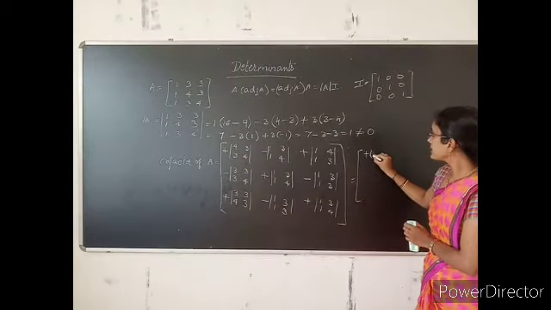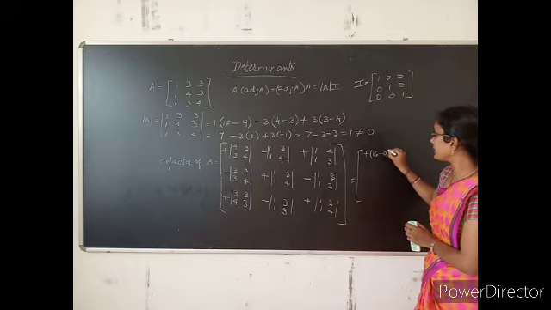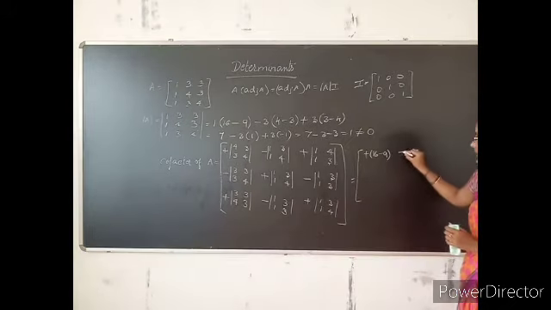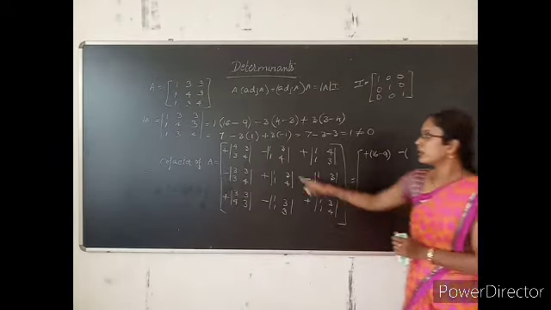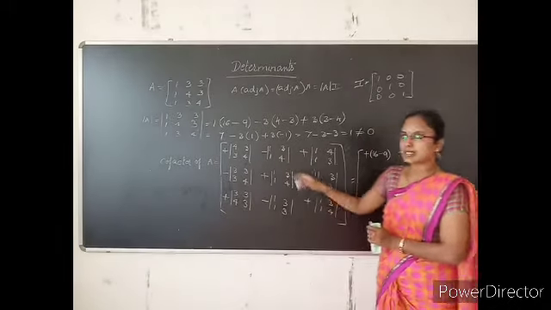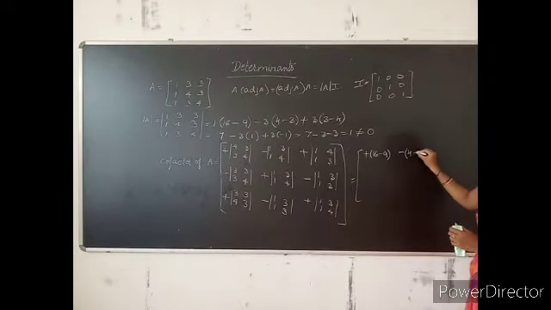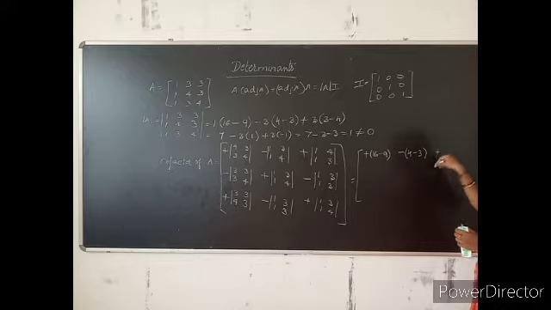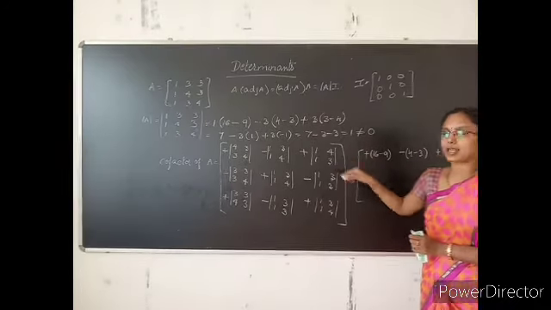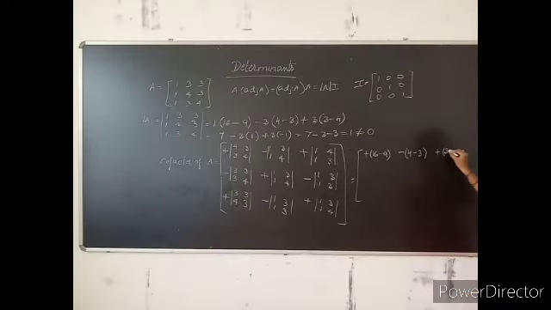So plus 16 minus 3 into 3 is 9, minus 4 minus 3, plus again 3 minus 2. So this is 3 minus 4.